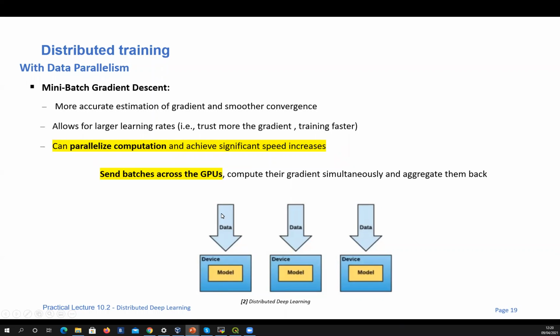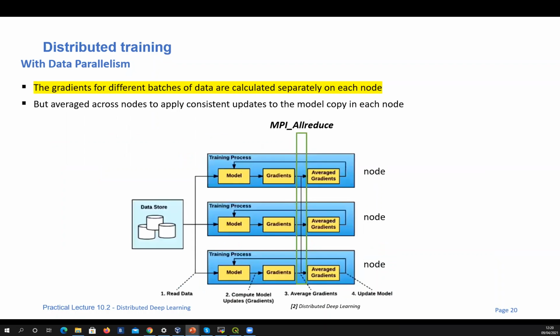So different data as input, but you want to end up with the same model after this sharing of the weights, of the parameters.